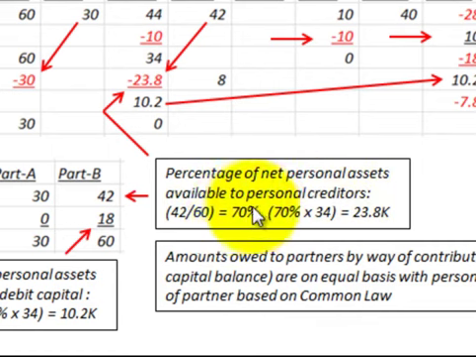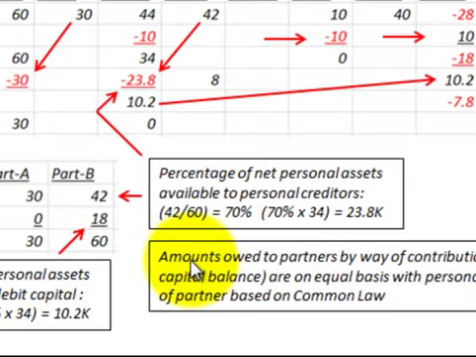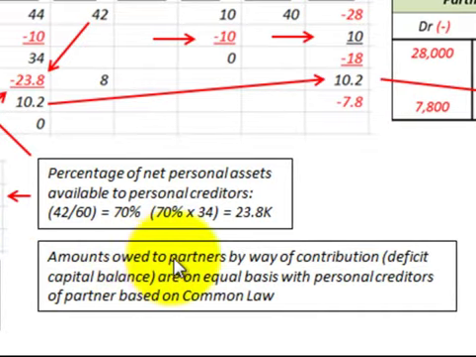We determined that to be 70%, and that's all based on the fact that the amounts owed to partners by way of the contribution or the deficit in the capital balance are on an equal basis with the personal creditors of the partner based on common law.